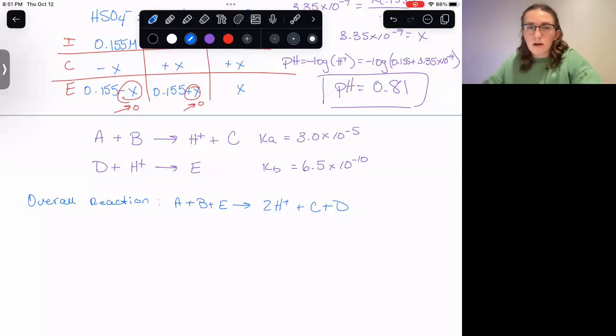Yep. So I have an answer for the inverse of Kb and then also flip the second reaction, and both of them are perfect.